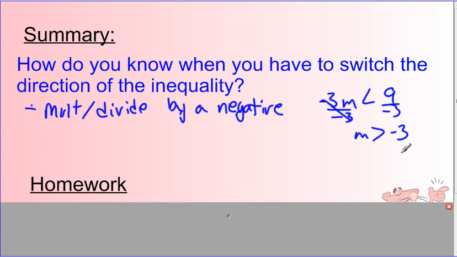So that's one case. The other time you switch the direction of the inequality is in your answer. If the variable is on the wrong side, you switch it.